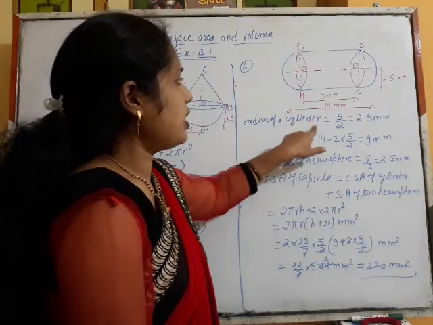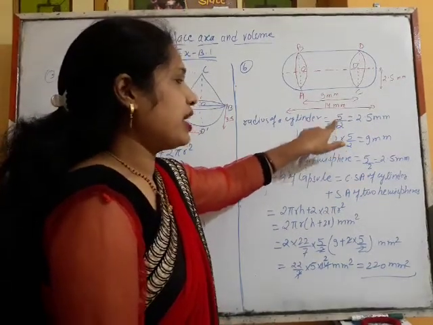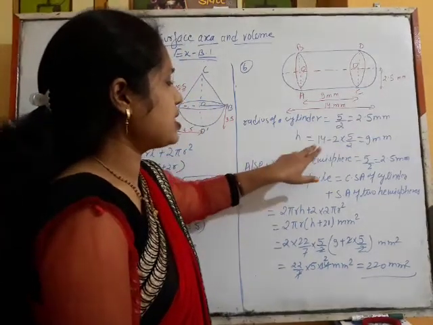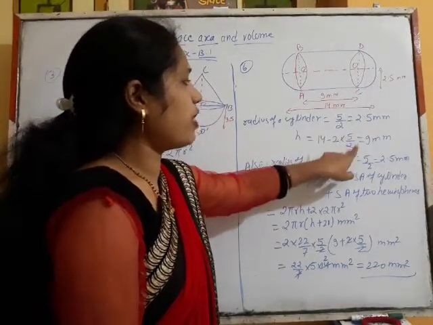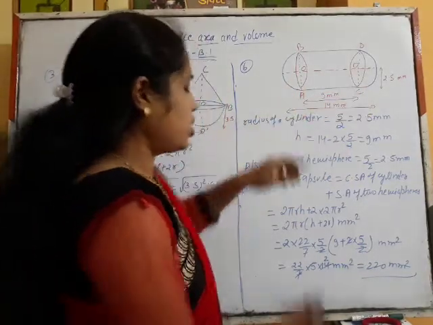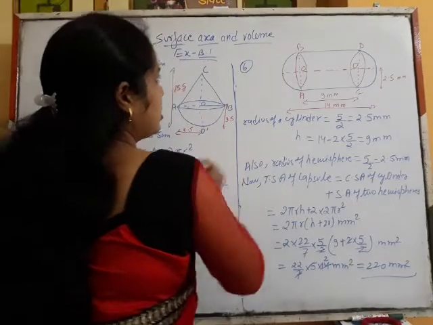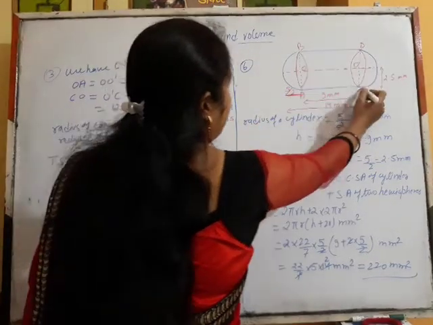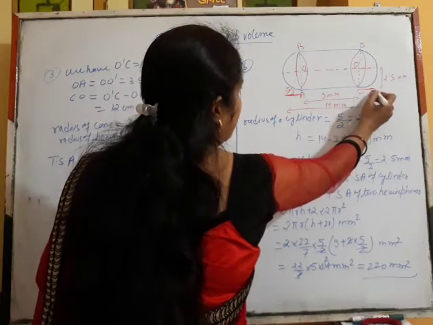So radius of the cylinder is 5 upon 2. We can keep it as 5 upon 2 or 2.5 also we can take. Now height is this 14 minus 2 into 5 upon 2, 5 upon 2 this radius and this radius. So here to here, if we mark, the length here to here is also 5 upon 2 and here to here is also 5 upon 2.